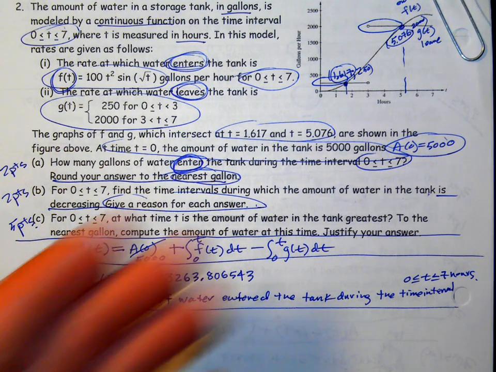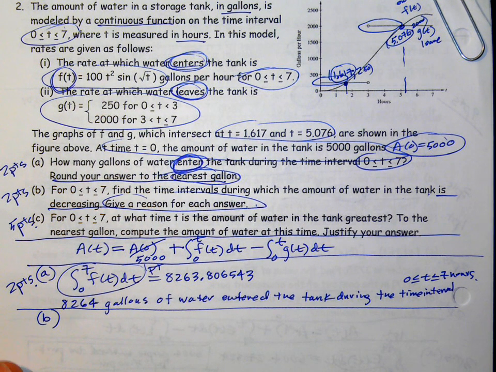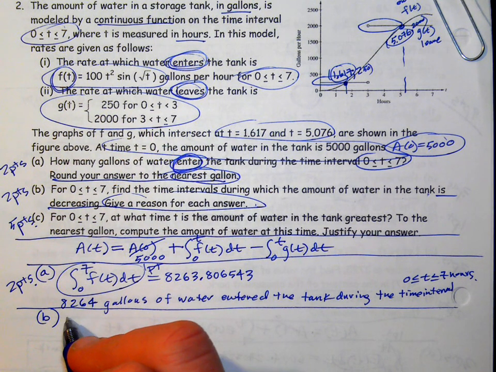And so this is here, this chunk, and this chunk. So we can look at our picture. They already gave us the values, and we could write it down. And we could say the reason is that the leaving rate is more than the entering rate, or the overall derivative is negative. So let's write down the answer.